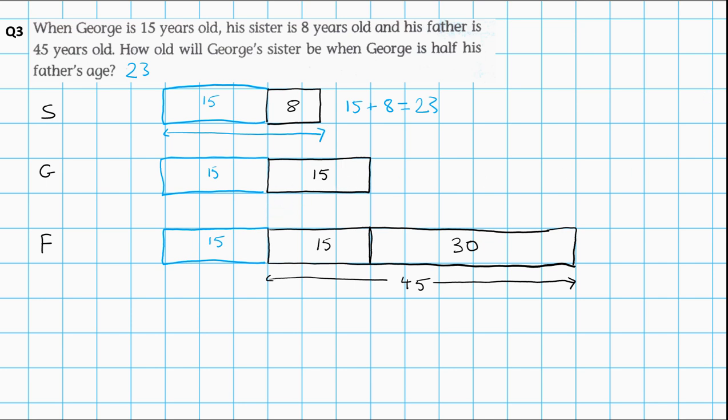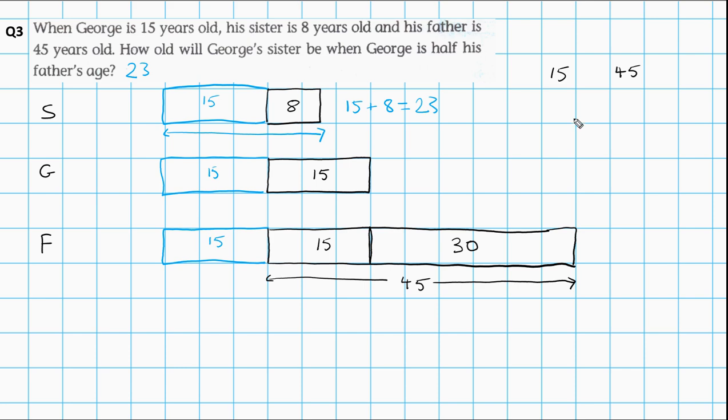So another way that you might have approached this problem is just simply to make yourself a little table. We want to have a situation where we've got George at 15 and his father is 45. And remember what we said at the beginning, that everyone is going to age 1 year every year.